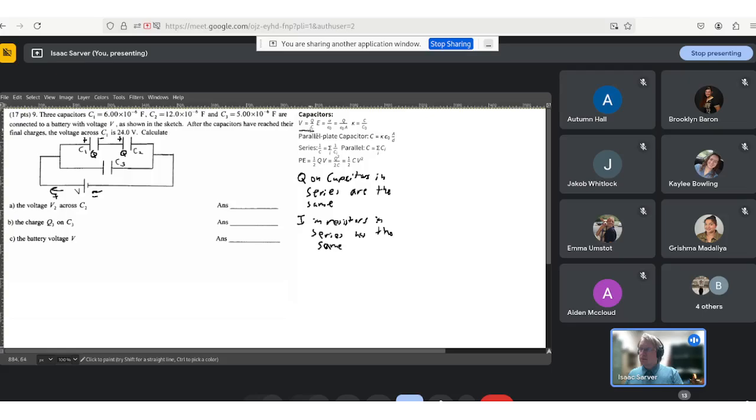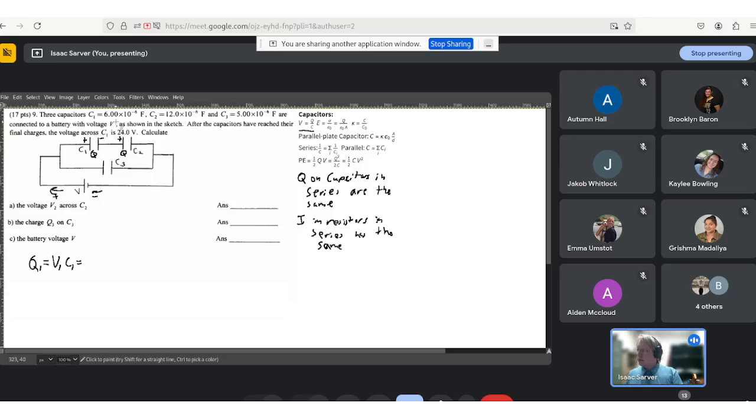The first thing is we need to find the Q on the first one, so we can find the Q on the second one. So Q1 is equal to V1 C1, and we know those.